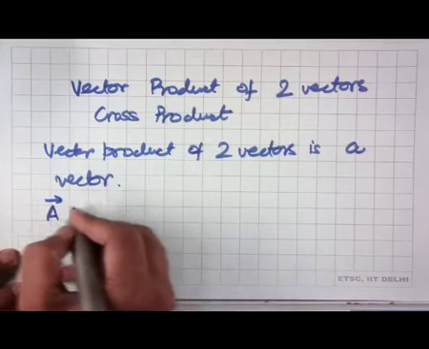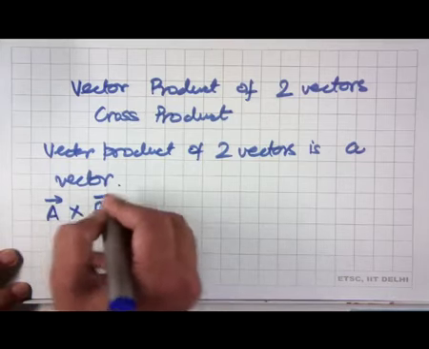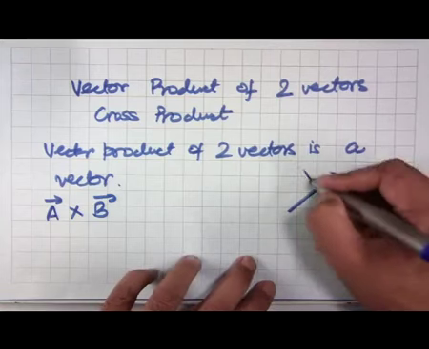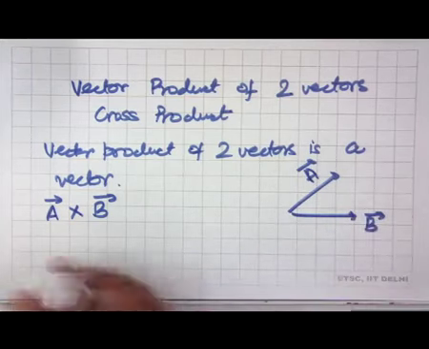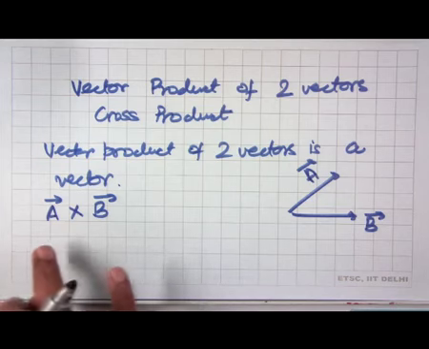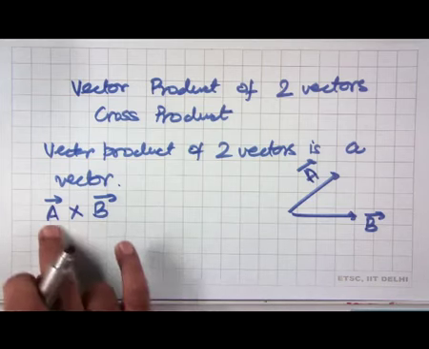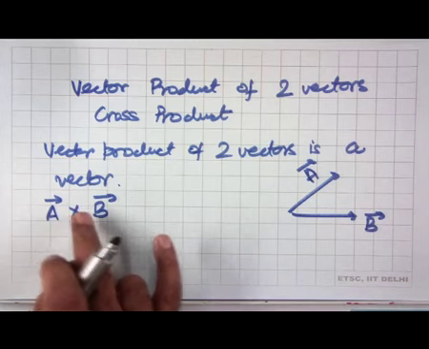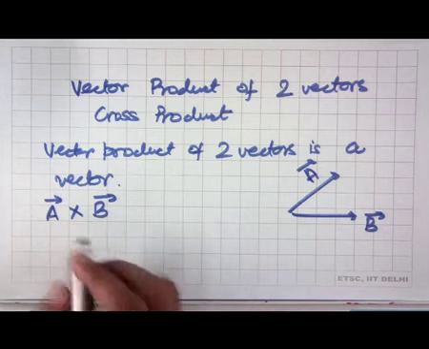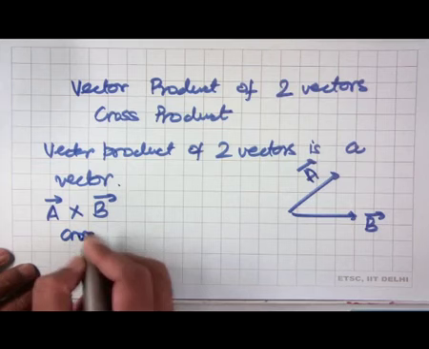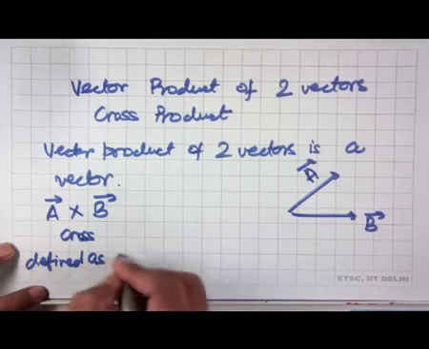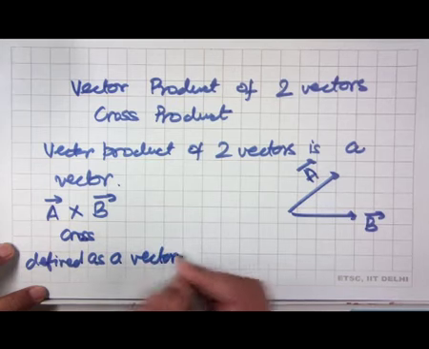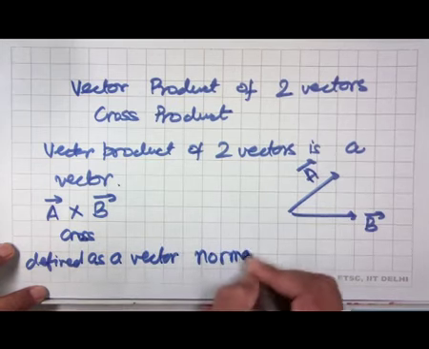Now, how do we write this? Suppose I have two vectors A and B, the same vectors as we had before. We define a product for which we use the symbol X or cross, A cross B. This is defined as a vector, and first we give its direction.